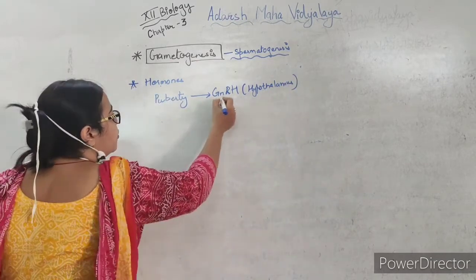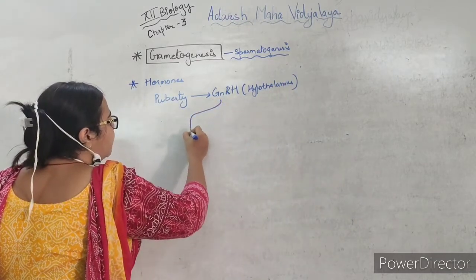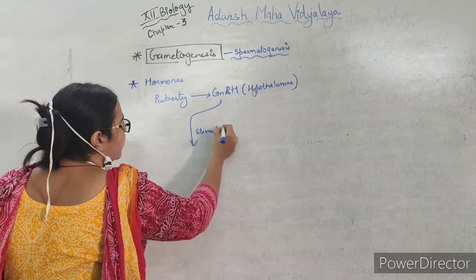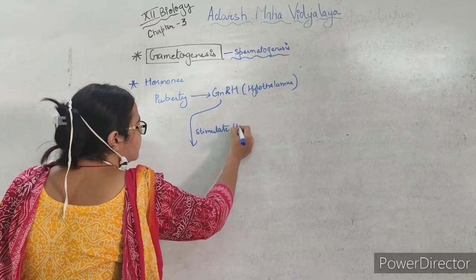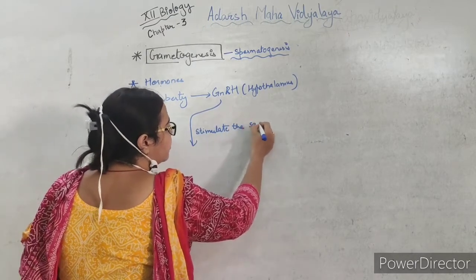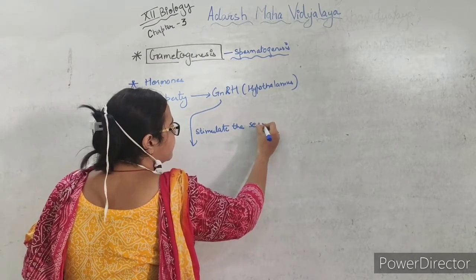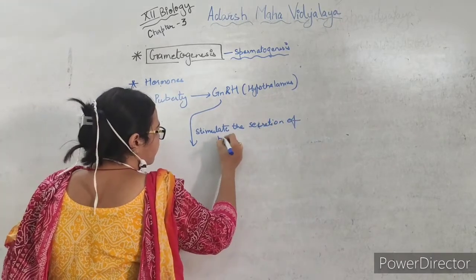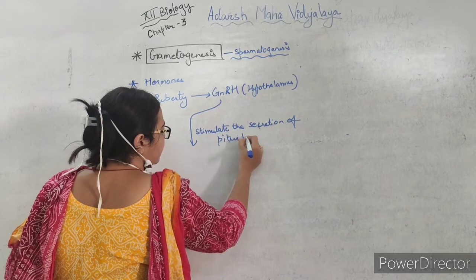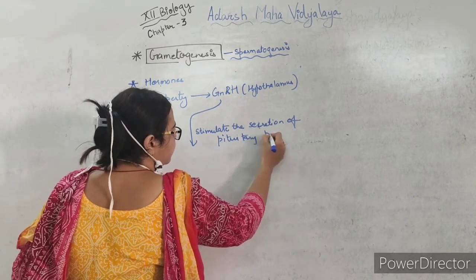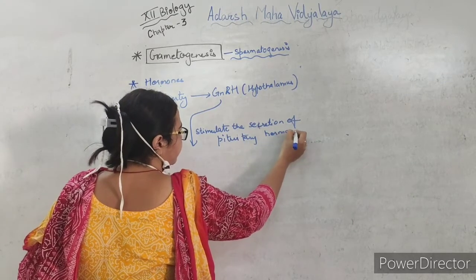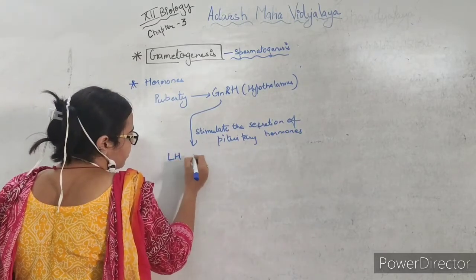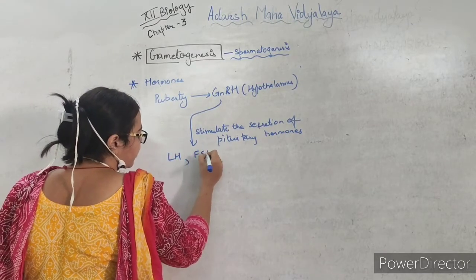Now these gonadotrophin hormones will stimulate the secretion of pituitary hormones, that is LH, luteinizing hormone, and follicle stimulating hormone.